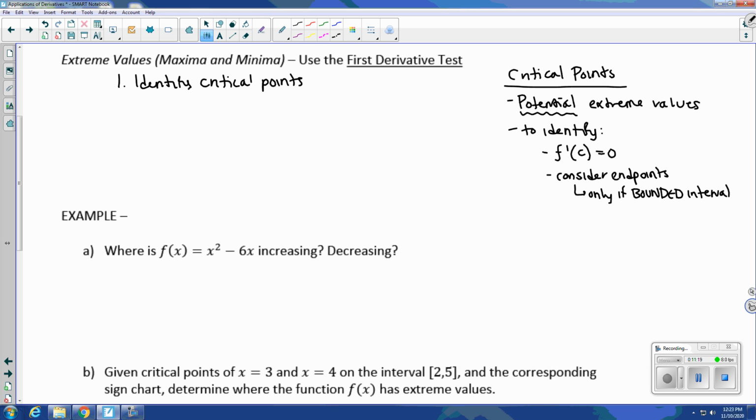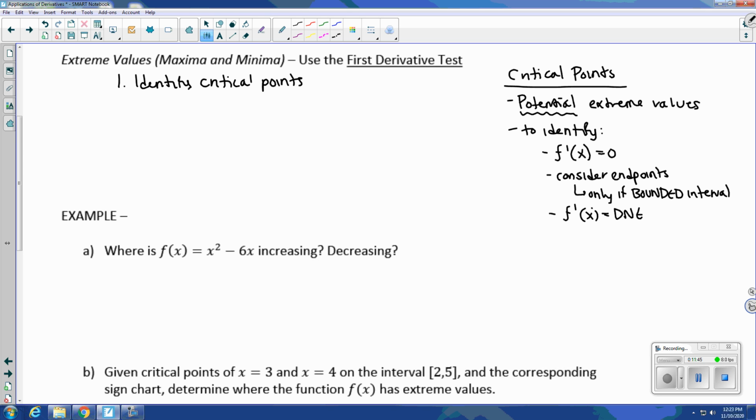So if the problem doesn't have a bounded interval, then we're not going to consider any endpoints for potential critical points. And then lastly, we discussed we could have maxes or mins when the derivative, instead of c, let's call it x, does not exist. So considering these three things will populate our list of critical points.